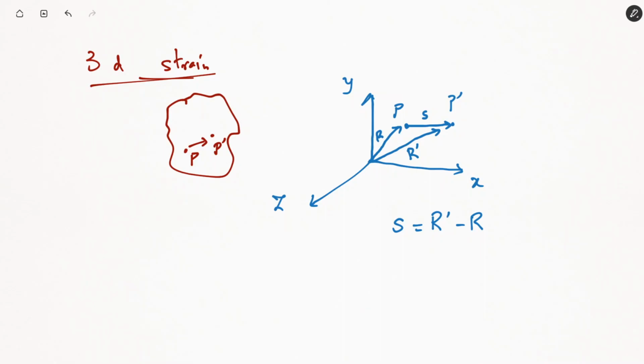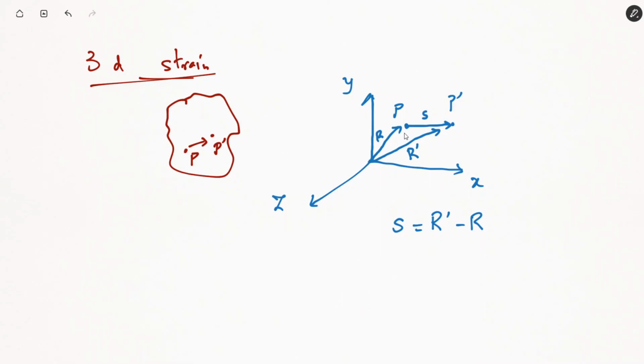By vector algebra, we can simply say s is nothing but r dash minus r. So the strain displacement relationship for this particular case can now be summarized by the vector algebra law, and accordingly we can derive strain.